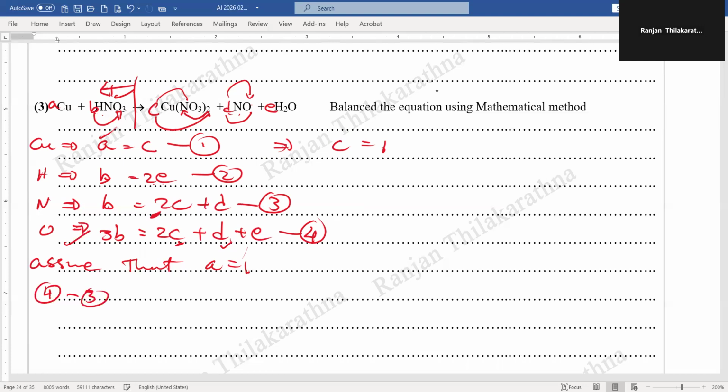So 4 will left hand side 3B, 3B minus B, 2B. 2B equals, 2C will cancel, D will cancel. Here it says B equal to E, here 2B equal D. Something wrong there. Why? What's wrong?